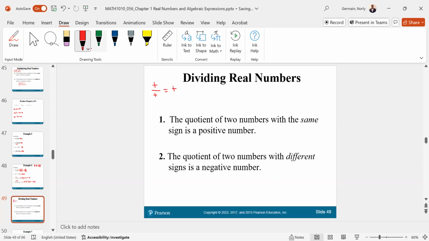So if you have a positive number divided by another positive number, answer would be positive. If you have a negative number divided by another negative number, answer would be positive. But if you have a negative number divided by a positive, answer is negative. If you have a positive divided by a negative, answer is negative, all right?